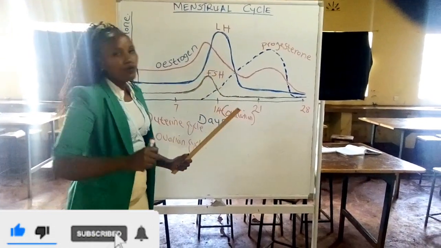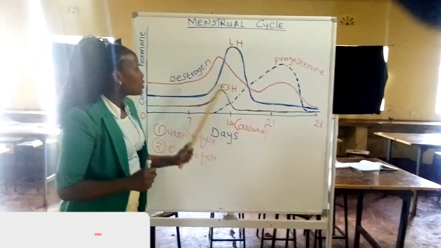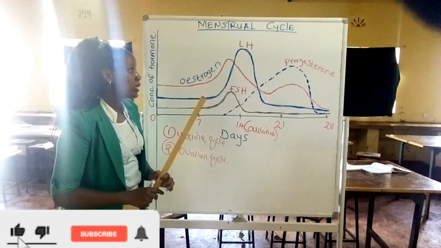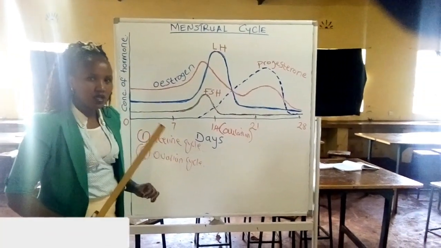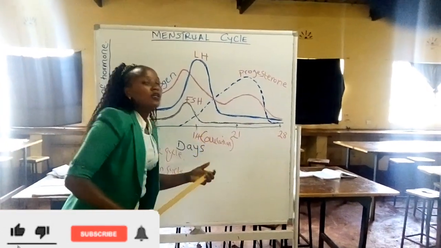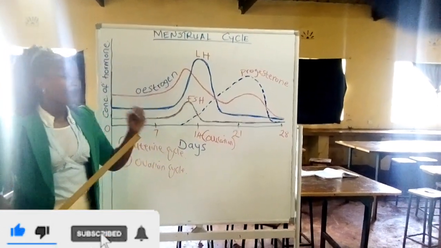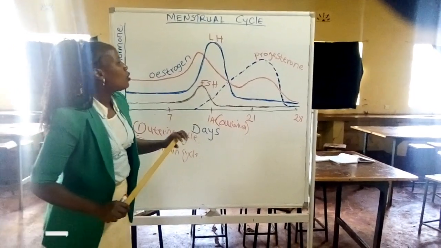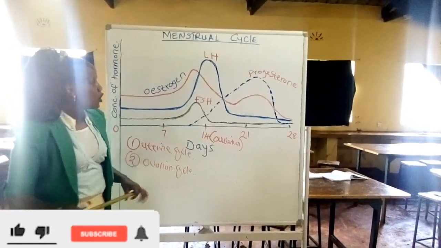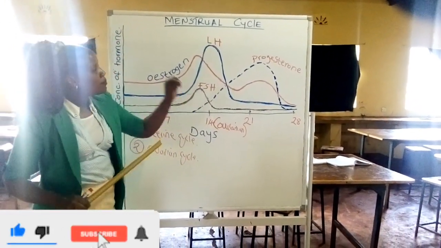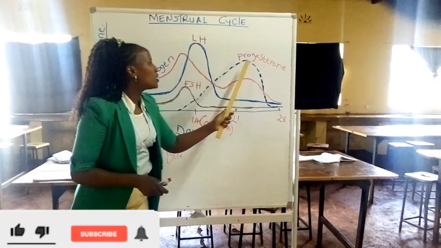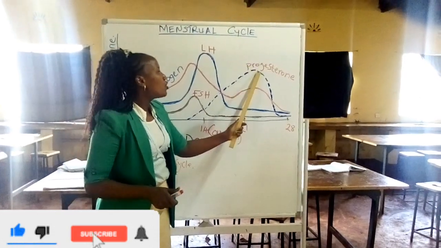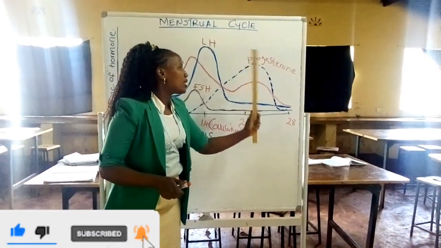What is the purpose of this phase? Remember, the body is preparing for fertilization and implantation, and hence the development of the fetus in the womb of the woman. So the corpus luteum's work is to produce the hormone we are calling progesterone.